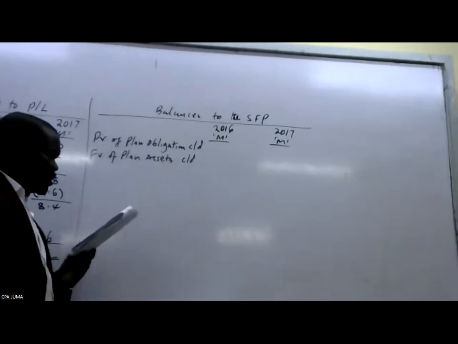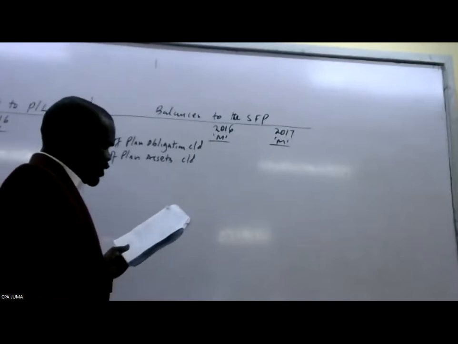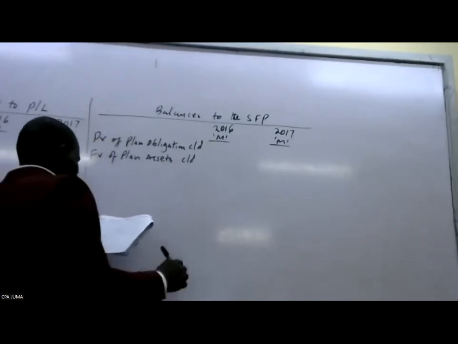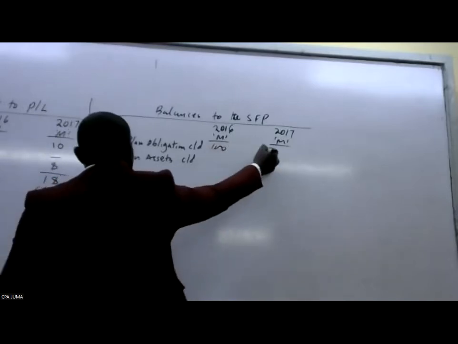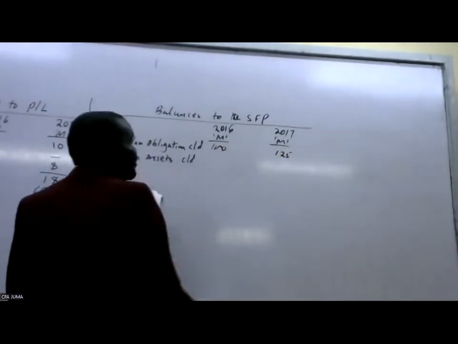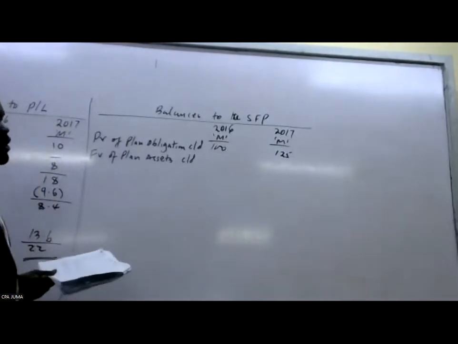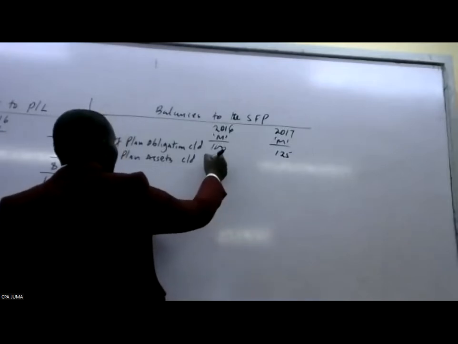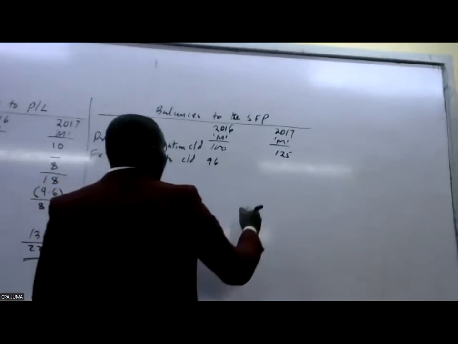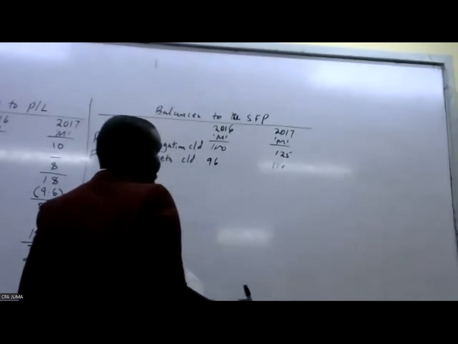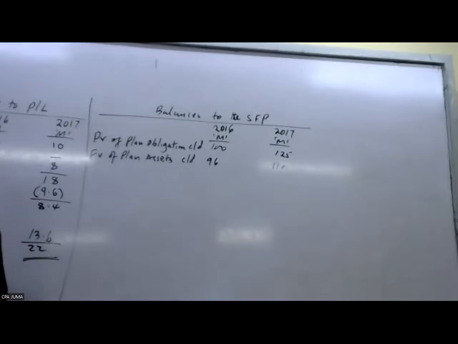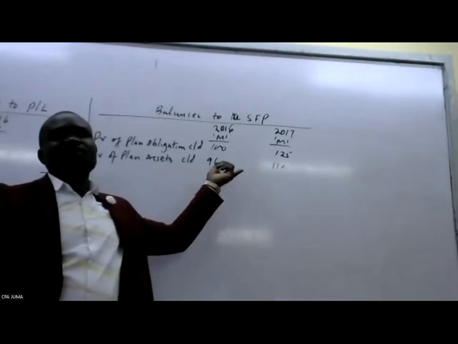So closing, you can even pick it from the question or from where you did your workings. Plan obligations, are you seeing 125? Yes, 100 and 125, the closing balance for each year. Then assets, 96, and the other one, 110. So if you check keenly, obligations are more in each year.